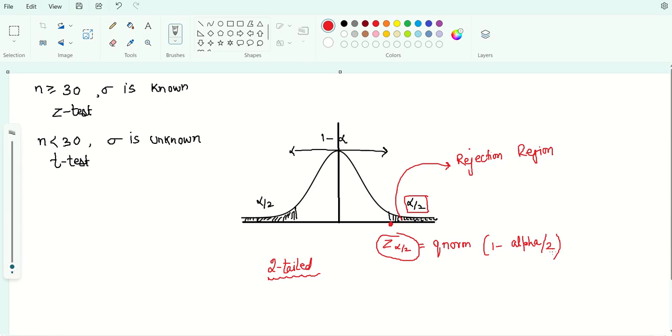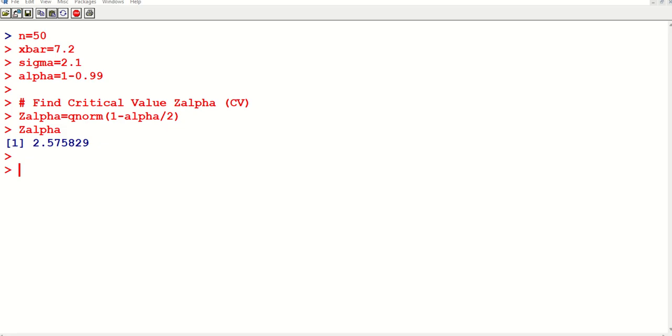In this question, this value here is 2.57, and similarly on the other side the value is minus 2.57, because both sides exist. So there are two values, positive as well as negative.